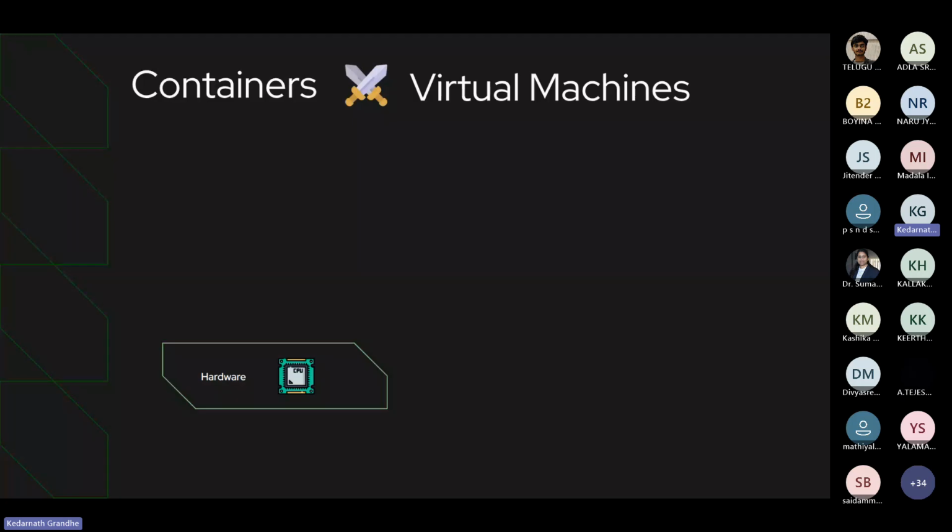Okay, fine. So, let's say any system will have hardware, right? It will have a CPU and other hardware components. Any operating system will have this hardware, and the host OS kernel will make use of this hardware, and it will run the OS.